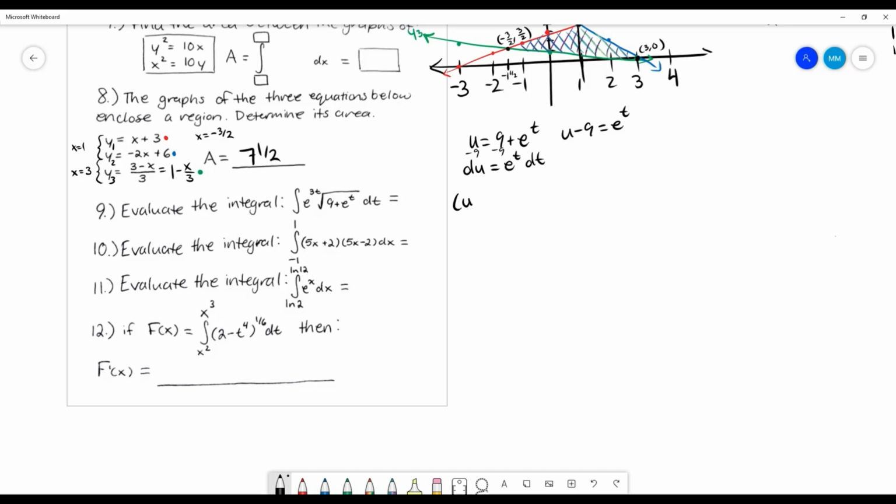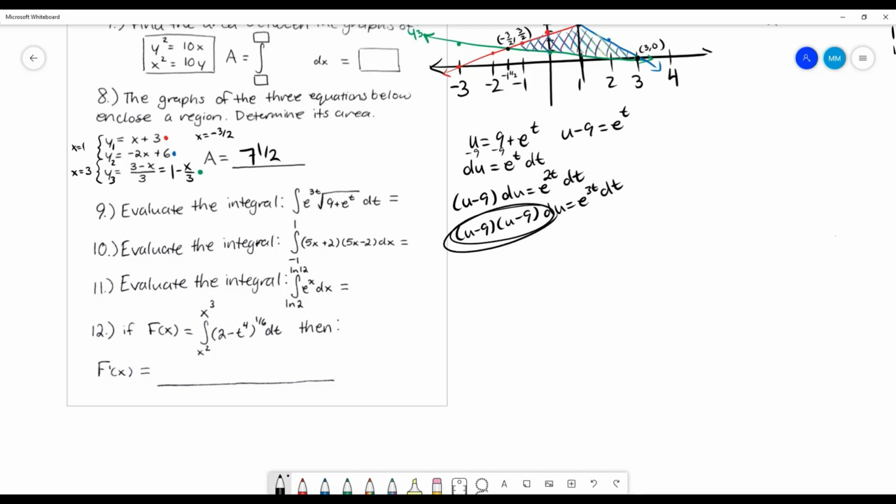So that gets me u minus 9 du equals e to the t times e to the t, or I could write that as e to the power of 2t. And now I'm going to do it again so that we get that e to the 3t. So I'm going to u minus 9 du equals e to the 3t dt. And now I've got a u value in there, and I've got my du and whatnot to substitute there. So I can go ahead and do that.